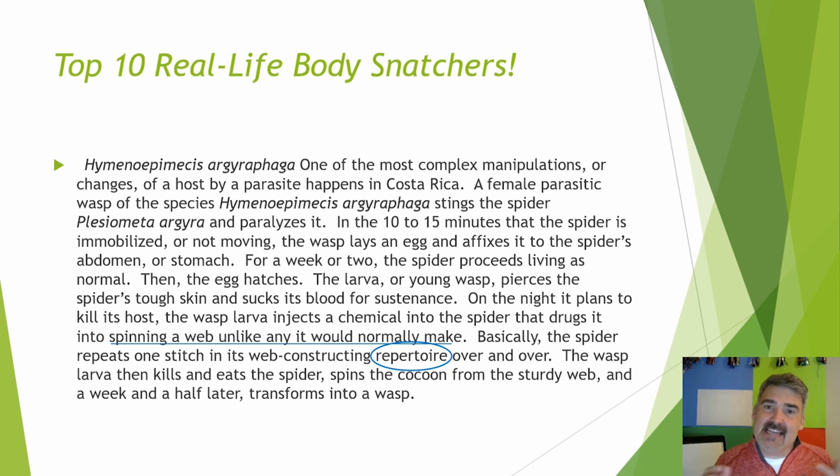Do you have any key details in your notes about the parasite wasp and its spider host? If not, just take about 30 seconds or so to write some notes down.